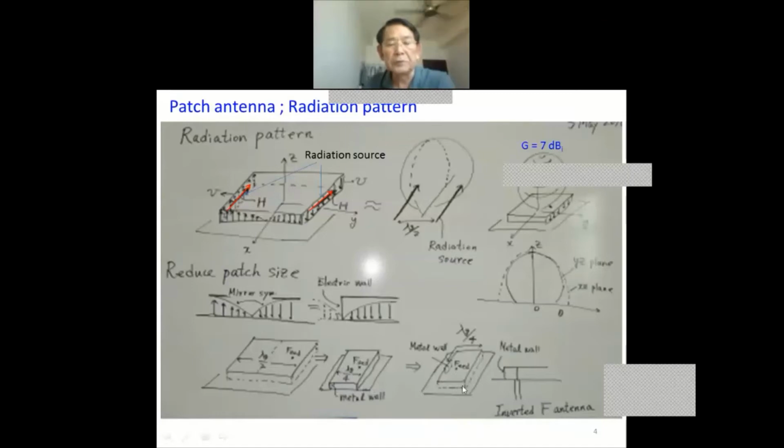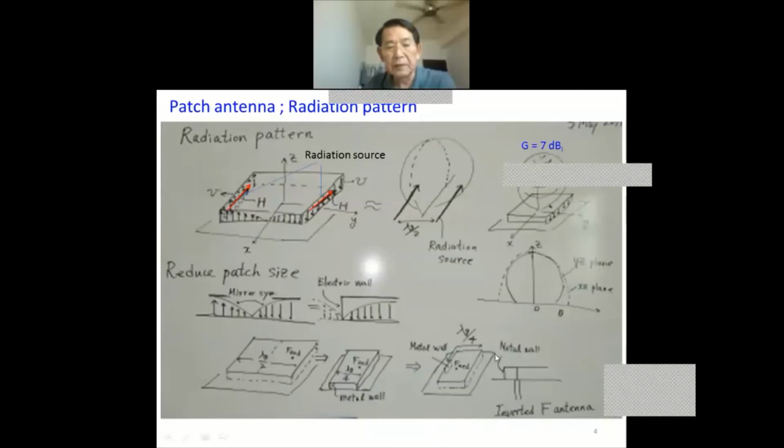And more, this metallic wall size can be reduced. Then more small size can be achieved. This is called inverted F antenna.